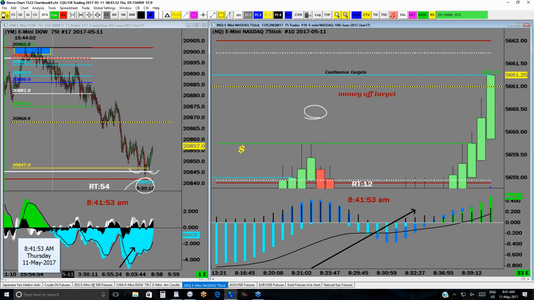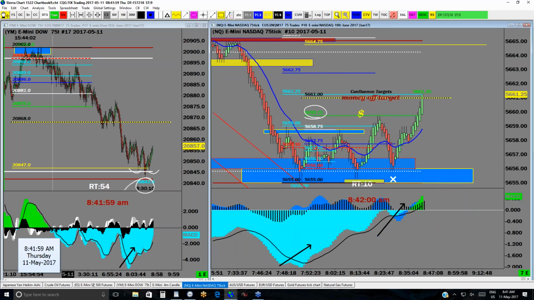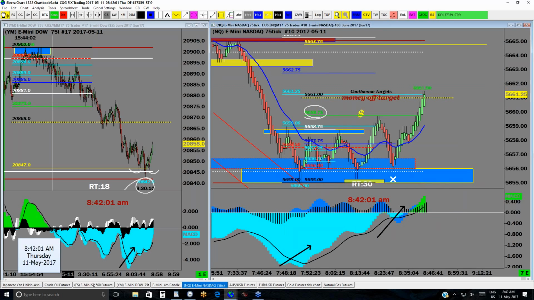All right, target achieved. I'll unzoom on the chart on the right. So we'll see if we get to the next one, if you have a runner left.